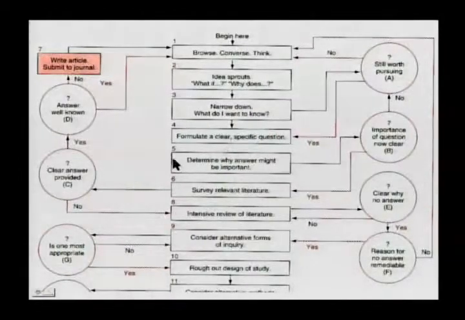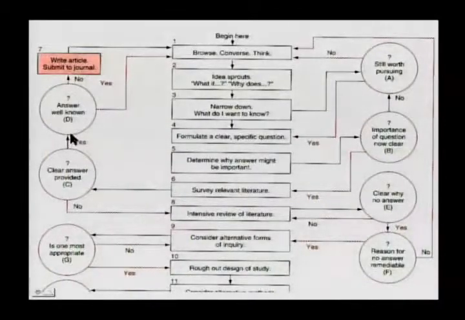And from there to number 5, we sprout out to this question. Is the importance of the question now clear? If yes, we proceed then to the more extensive survey of the literature. From the extensive survey of the literature, can we find that a clear answer is provided?